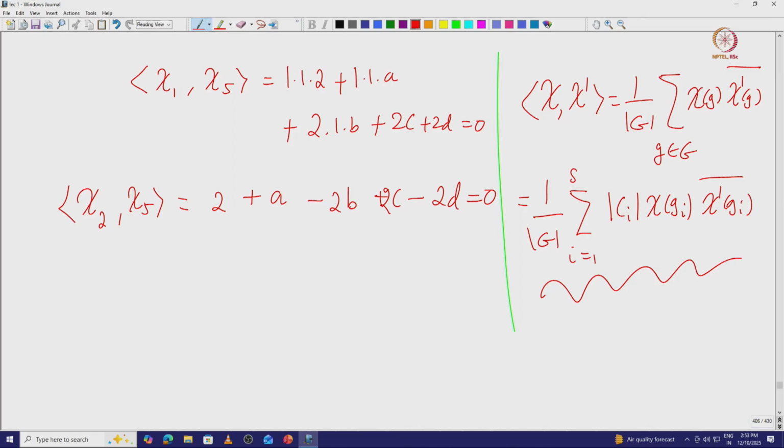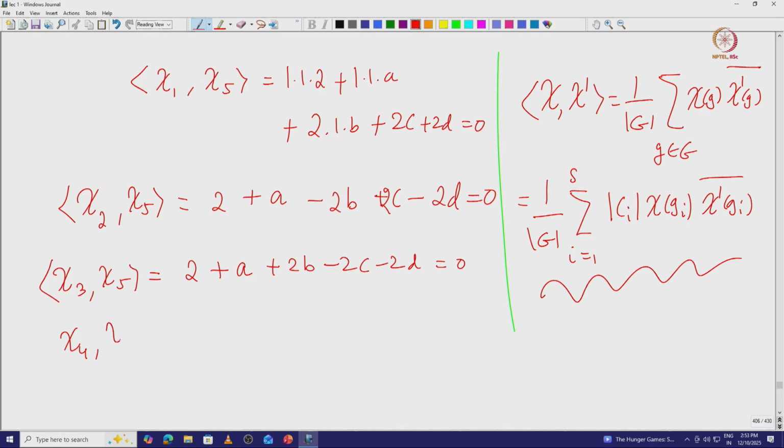So, let me write down all other equations. So, chi 3 chi 5 is exactly 2 plus A plus 2B minus 2C minus 2D, which is 0.